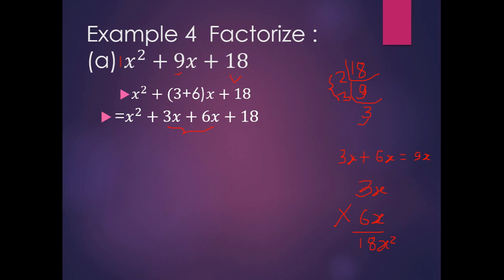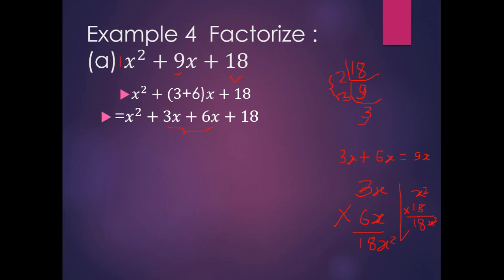Multiplying first and last, x square times 18, is also 18x square. So multiplying first and last and multiplying the middle two give the same result. So in place of 9x we can write it like this. This thing we have to check.